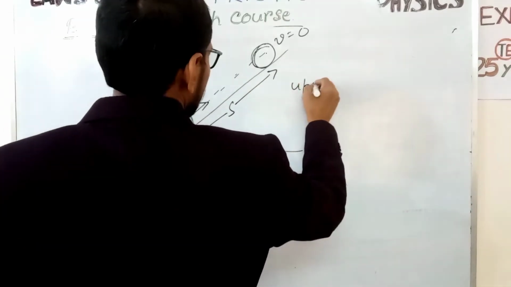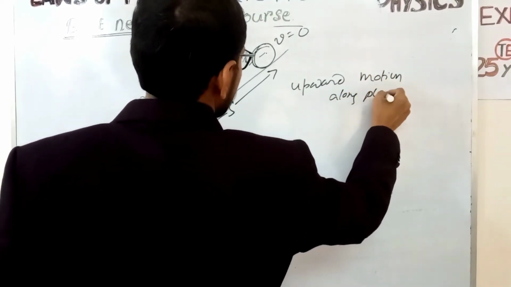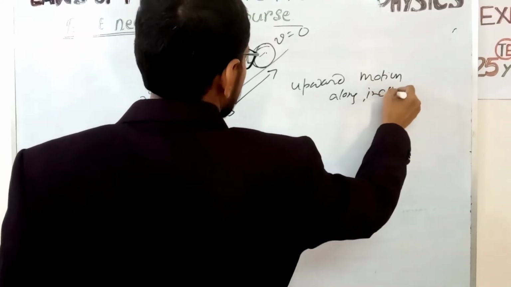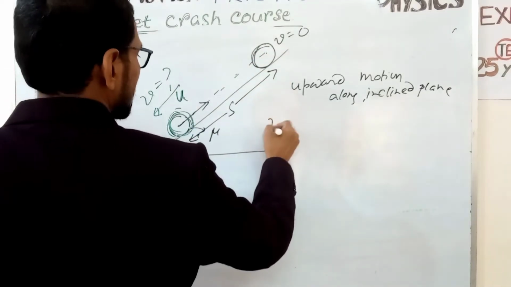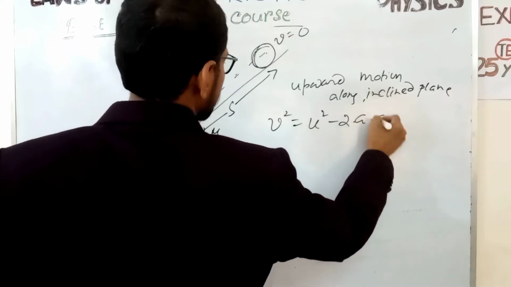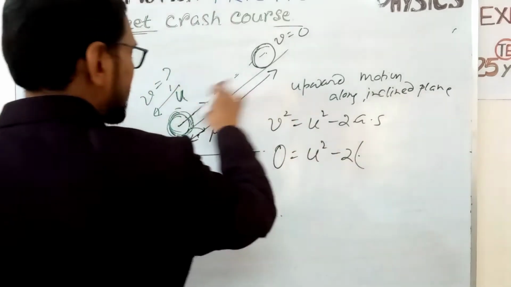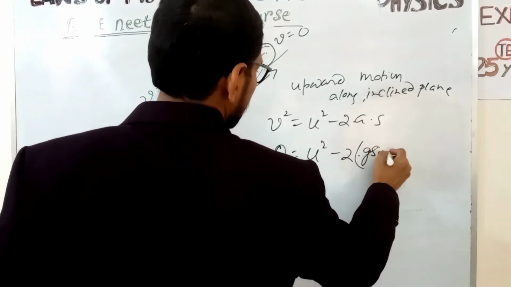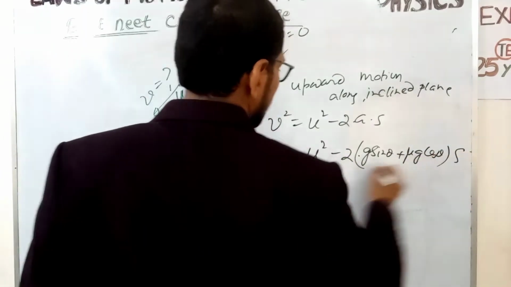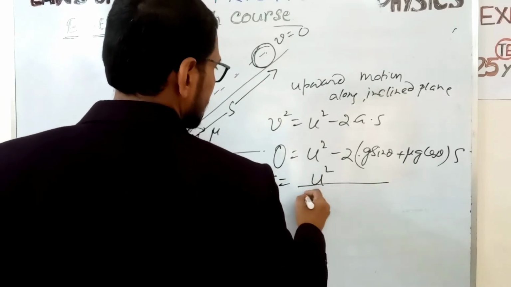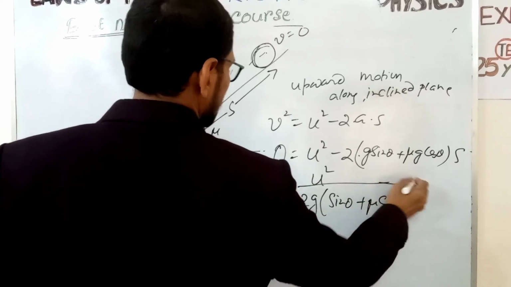For upward motion along the inclined plane, the equation of motion is v squared equals u squared minus 2as, with v equal to 0, and a equal to g sin theta plus mu g cos theta, which I derived in previous topics. So s equals u squared divided by 2g times (sin theta plus mu cos theta).